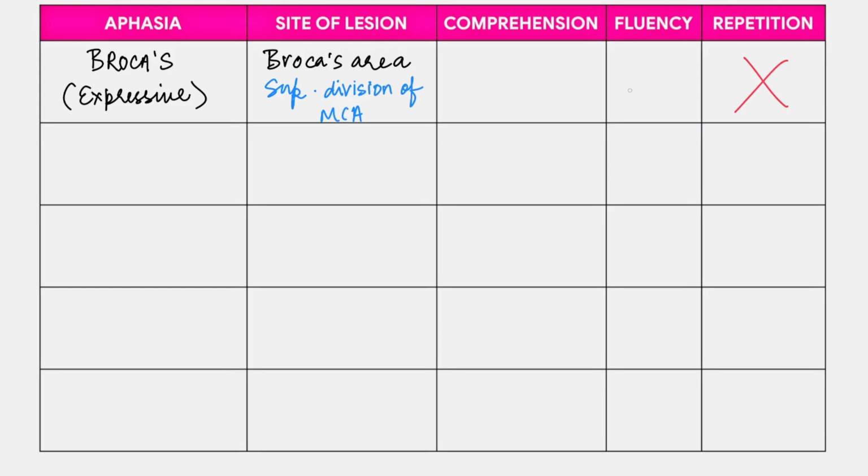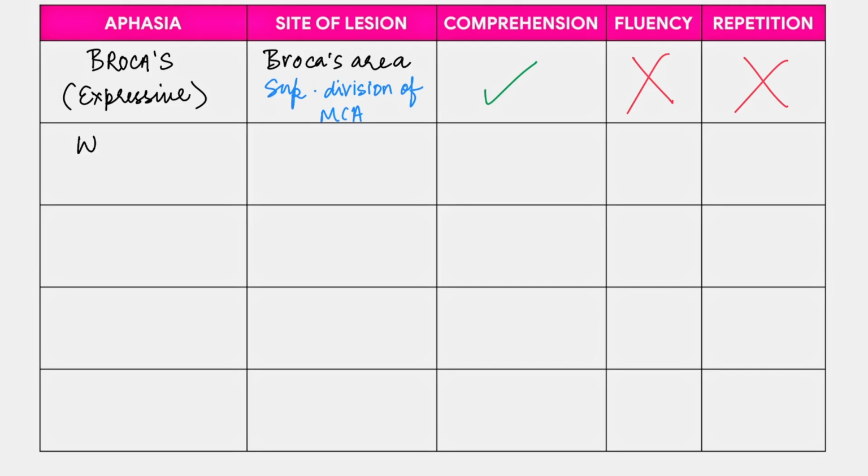Would there be fluency? No, there won't be fluency because your motor area is not functioning, so it cannot send proper impulses to the primary motor area, and you can't bring about coherent speech. So there won't be fluency, but there will be comprehension because your sensory speech area, which is Wernicke's area, is fine. So you're receiving both auditory as well as visual inputs.